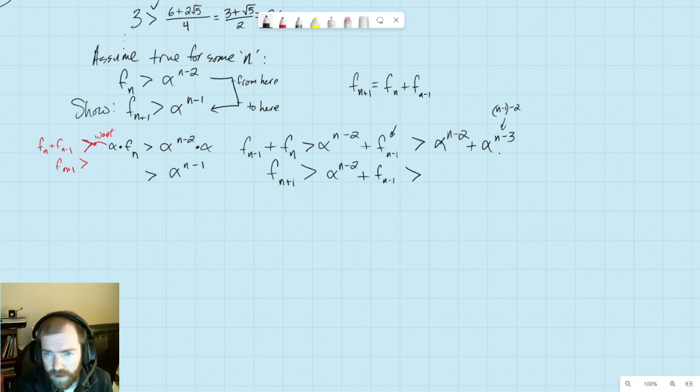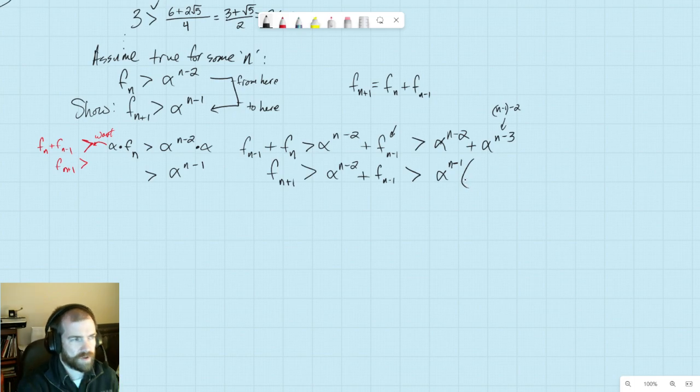Now here we could do something with n minus 1. Alpha raised to the n minus 1 multiplied by, I don't know if this is going to work, but just try something.